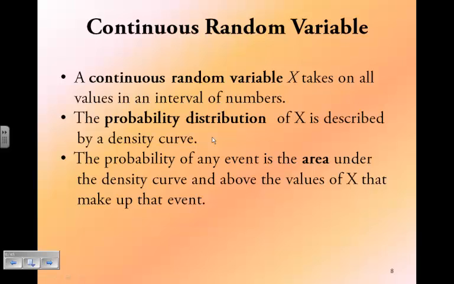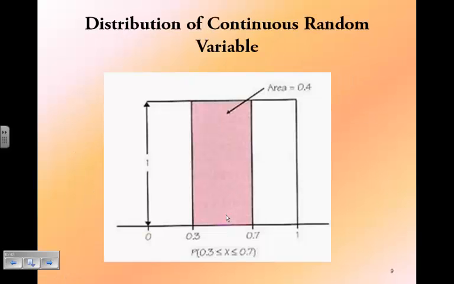Remember that with a density curve, the probability of any event is the area underneath the density curve and above the values of x that make up that event. So I'll give you an example. Remember this from the third chapter a while back when we were doing density curves. If we have a density curve that looks like this, with a height of 1, the probability that x occurs between 0.3 and 0.7 would be the area underneath this.